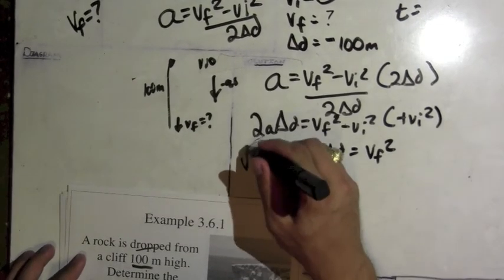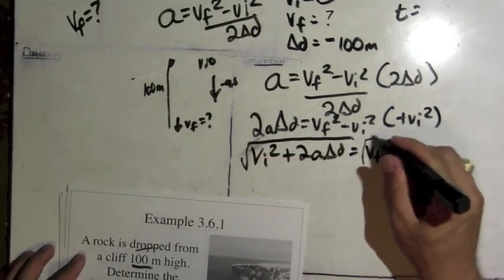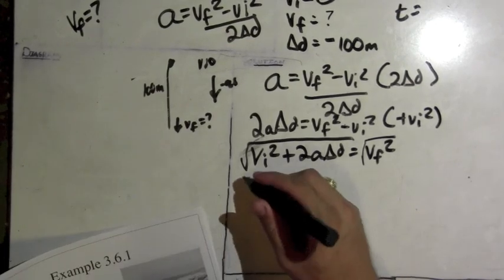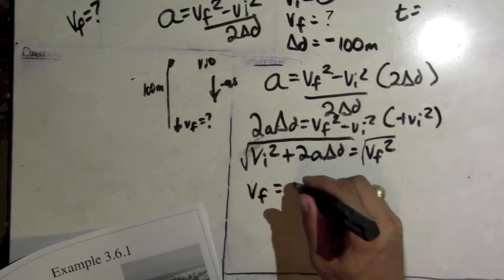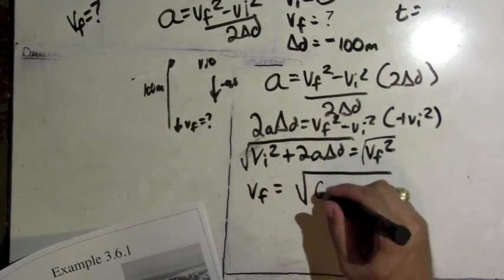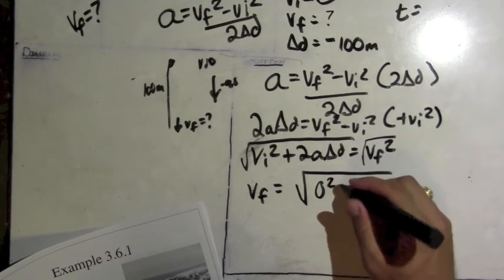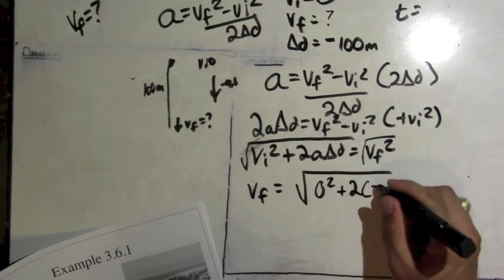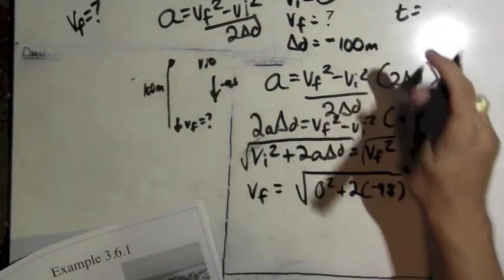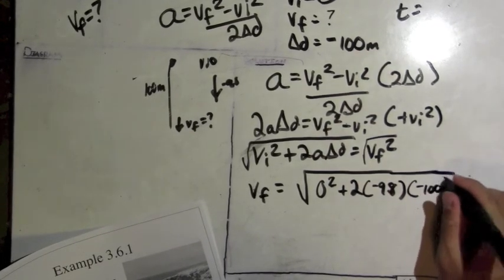We're going to take the square root of both sides, and we're going to get Vf, and then we're going to go ahead and plug in our numbers. We're going to get Vf is equal to the square root of Vi squared, 0 squared, plus 2 times negative 9.8, and this is where that other negative term, this negative 100, comes into play.